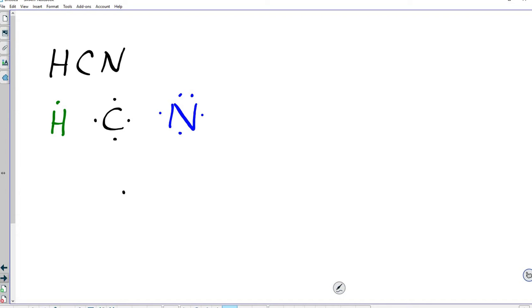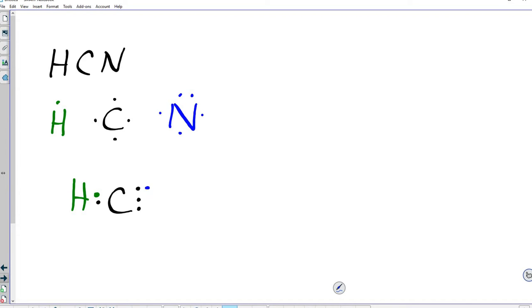So since it's in the center here, I'm looking now at the others before I put any of the dots on. And I say, okay, hydrogen needs 1, nitrogen needs 3, 3 and 1 is 4. That takes care of all of carbon's needs, right? So if carbon's going to share 3 with nitrogen, we can set it up like this, and it's going to share 1 with hydrogen on this side. So I can put my hydrogen in.